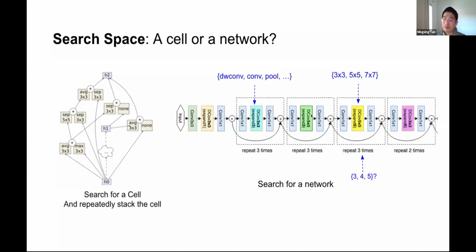So this layer-based search space is to design a relatively smaller search space for each layer, but you allow different layers to have different structures. So essentially, you allow this kind of diversity across different layers.